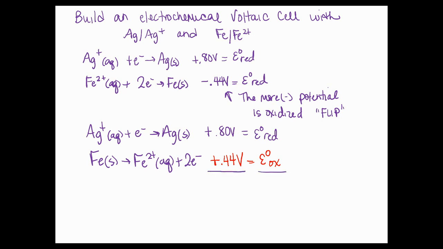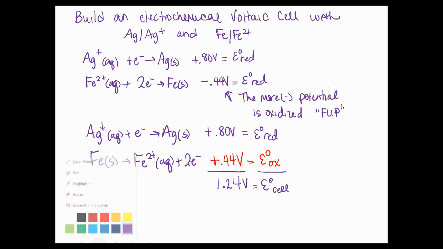And so now I'm going to have a new cell potential for the overall voltaic cell. We're going to add them together to get 1.24 volts.